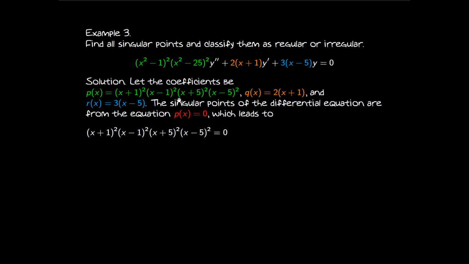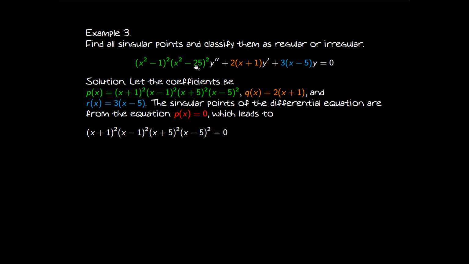And for this, when I write my P of x here, the leading coefficient, I already factored it. Okay, so the x squared minus 1 can be factored as x plus 1 and x minus 1. And because you raise it to the second power, these 2 factors are also raised to the second powers, right?